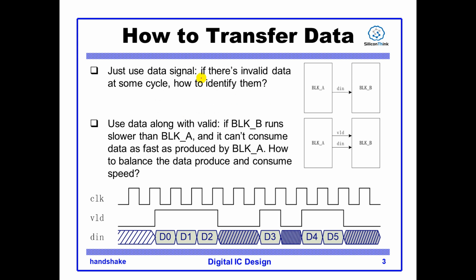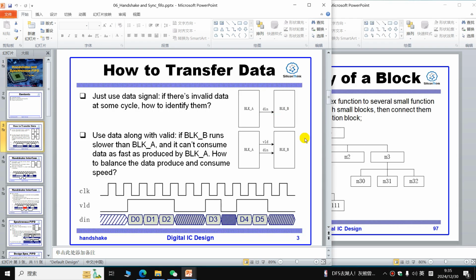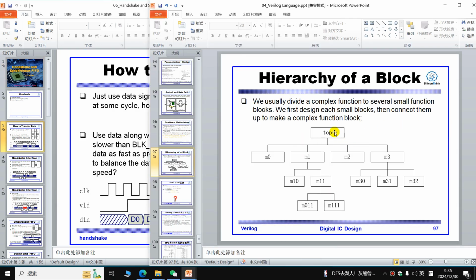Okay, let's first take a look at handshake interface. As we have said before, for a complex design, we usually divide it into several sub-blocks. Then if a sub-block is still very complex, we will further divide it into smaller blocks.